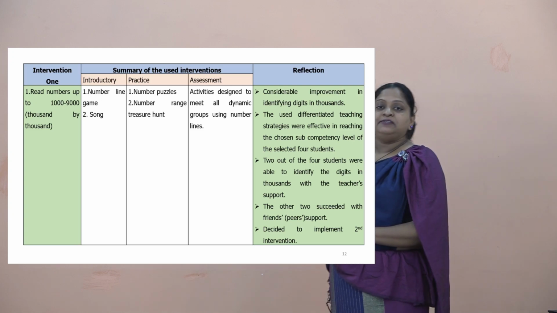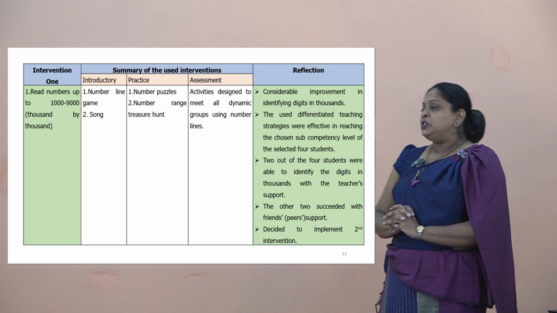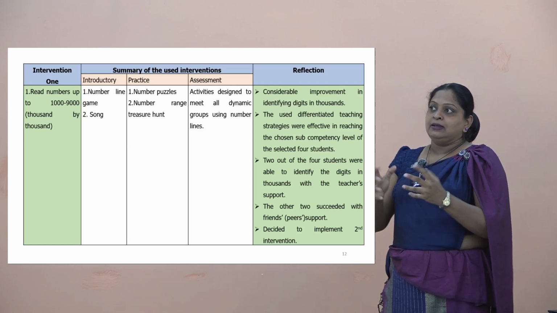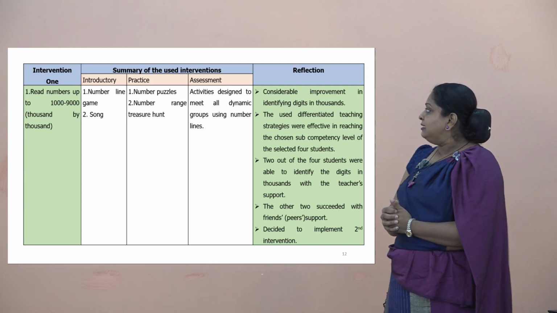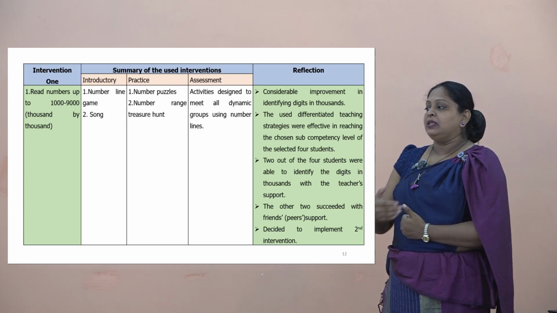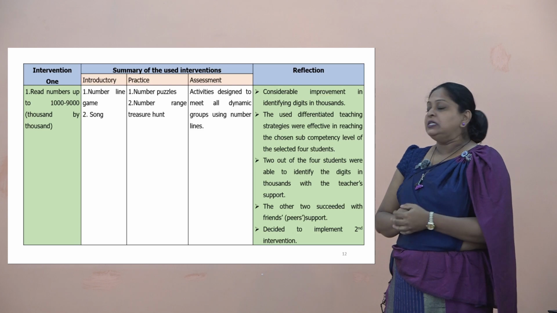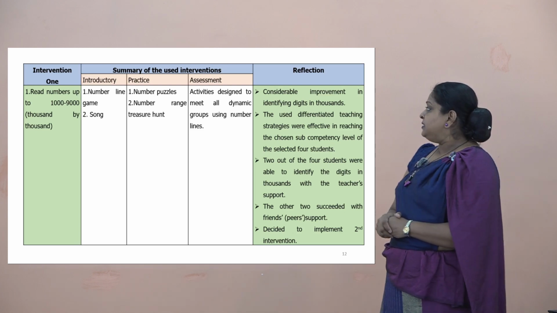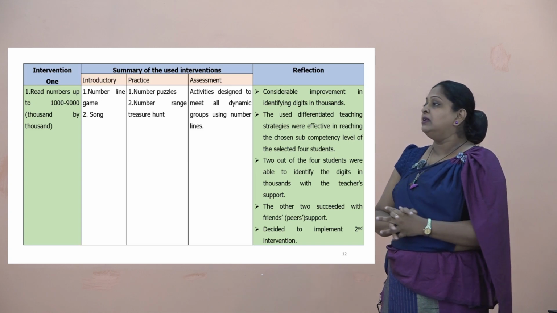So at the introductory phase, I gave the students the opportunity to form a number line, including flash cards. I placed them on the floor, and when I called out a number, the students were asked to hop and land onto that specific number, and they called out the number loudly.